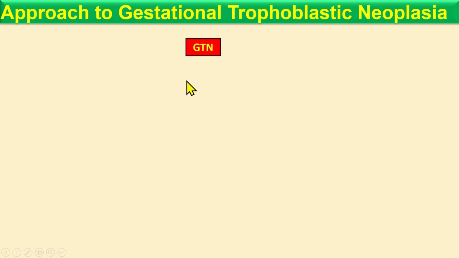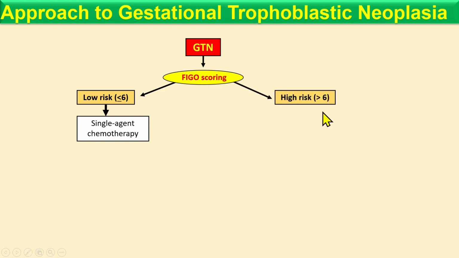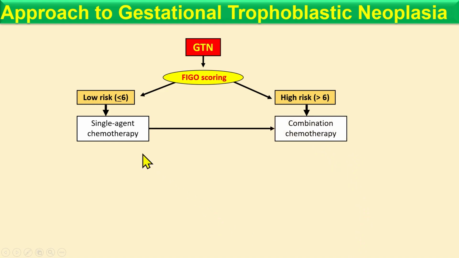How do we approach the GTN? So look for the FIGO scoring. If it's less than 6, it's low risk, and give single agent chemotherapy. If it's high risk, meaning the score is more than 6, we give combination chemotherapy. Okay, so if it's not working, then you come to combination therapy.